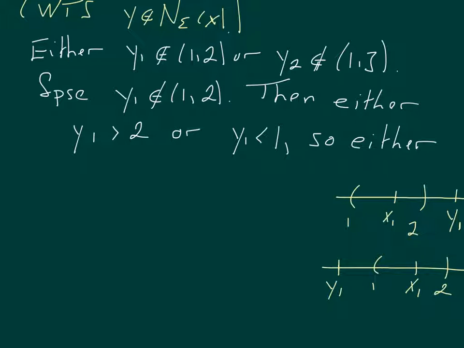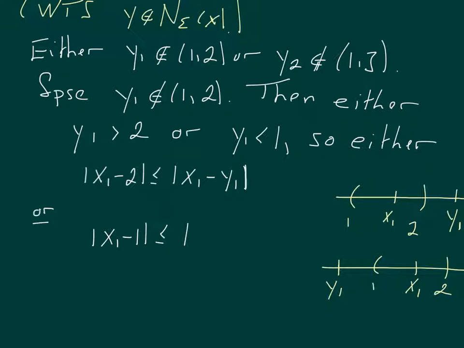So either we are going to have that the distance from x1 to 2 is less than or equal to the distance from x1 to y1, or we're going to be in this situation over here, in which case the distance from x1 to 1 is less than or equal to the distance from x1 to y1.